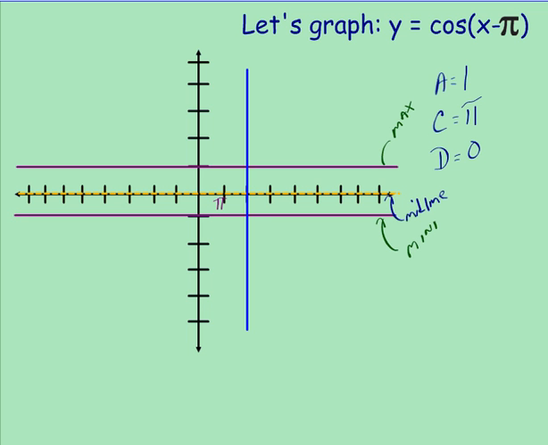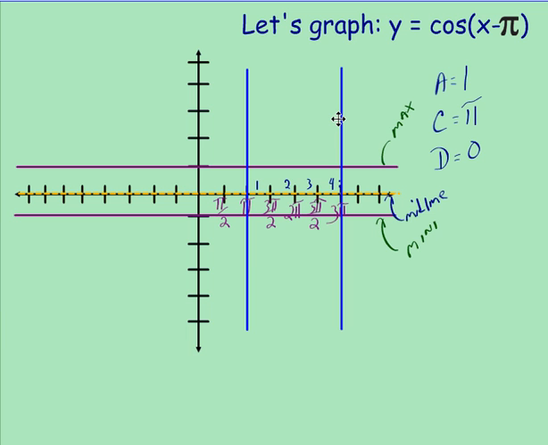So we would label this pi over 2, pi, 3 pi over 2, 2 pi, 5 pi over 2, 3 pi. And now we need to make sure that we have 4 points after our starting value. So again, our starting value was at pi, and we had 1, 2, 3, 4 spots. So we know that that is our end.